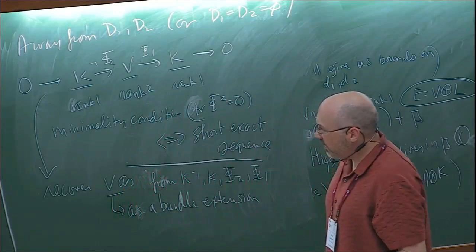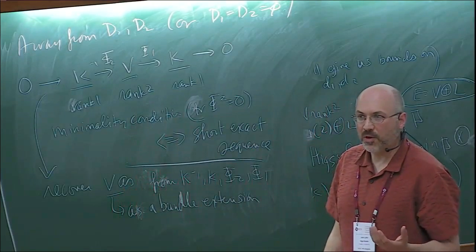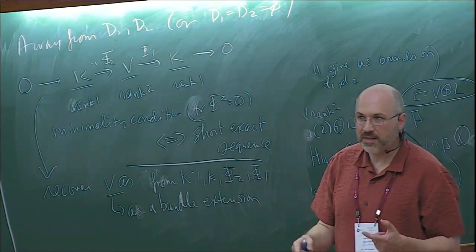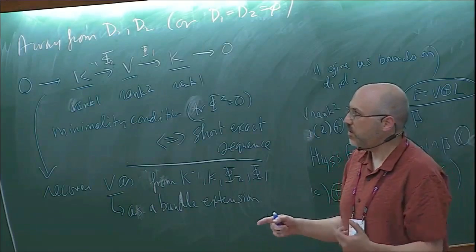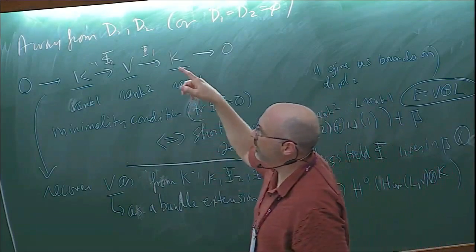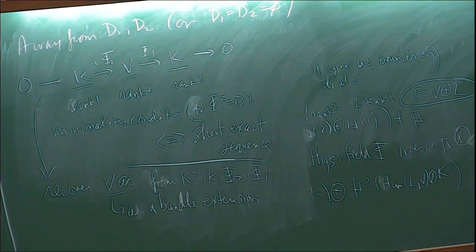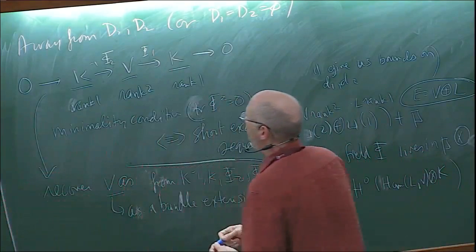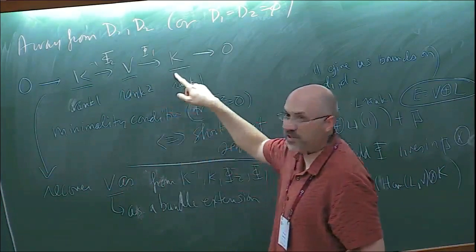So typically when you do Higgs bundle theory, you have this holomorphic vector bundle, but you can't pin it down. In this case, you can pin it down. The Higgs field has nice enough properties that, using the minimality condition, you can recover V as an extension between these two bundles.